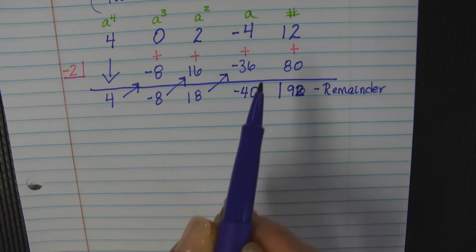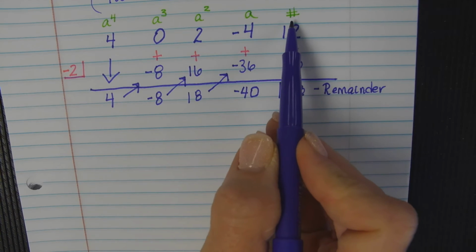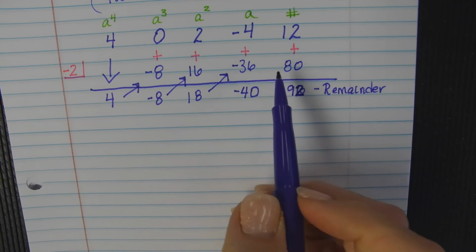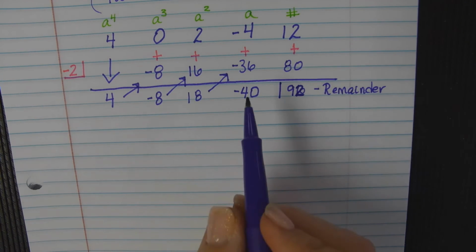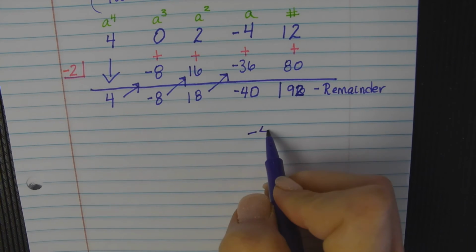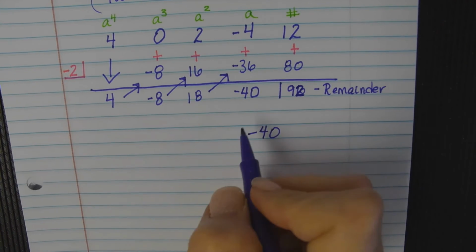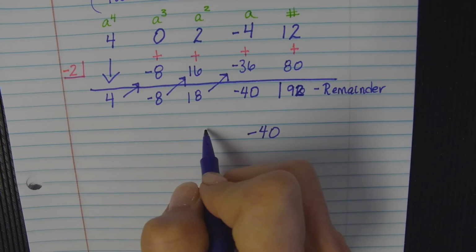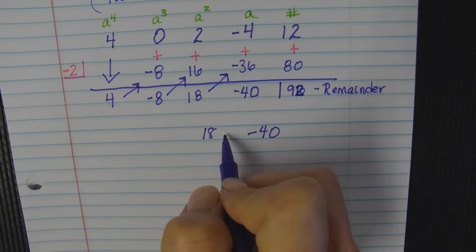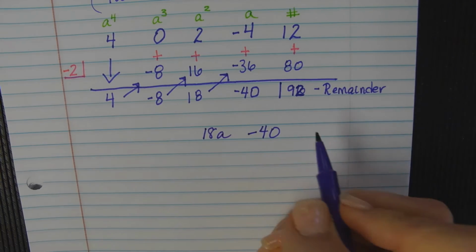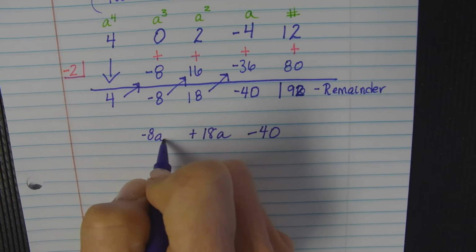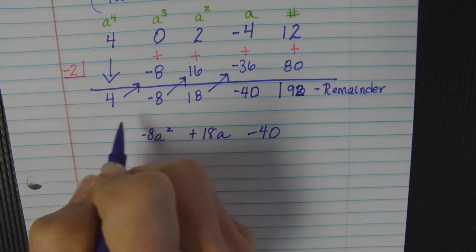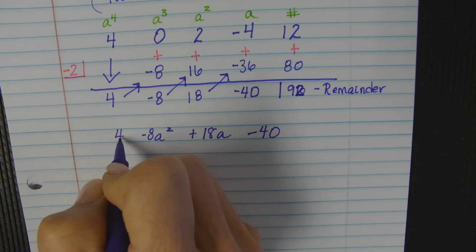So negative 40 does not have an A. Negative 40 is our number. Okay, you have to remember we are dividing. So our answer is this: negative 40, positive 18A, negative 8A squared, 4A. Put the remainder in.